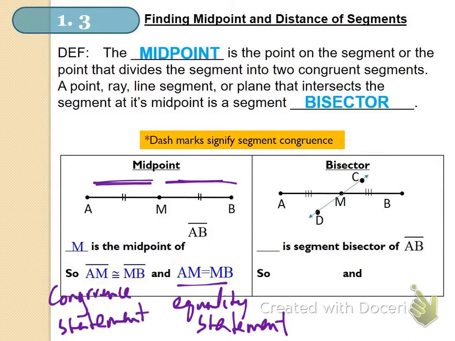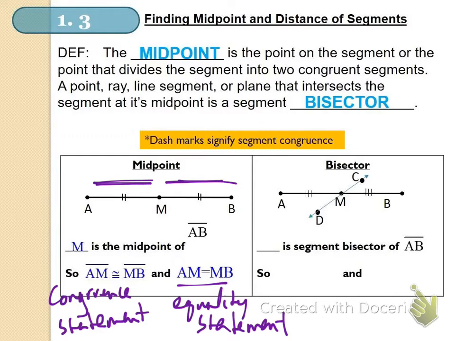Okay? So again, the idea is we're given some information and we can automatically determine other information. That's what we're going to do in two-column proofs. When we start doing proofs, that's what proof writing is all about. Here's what I know. Here's what I can figure out because of what I know.